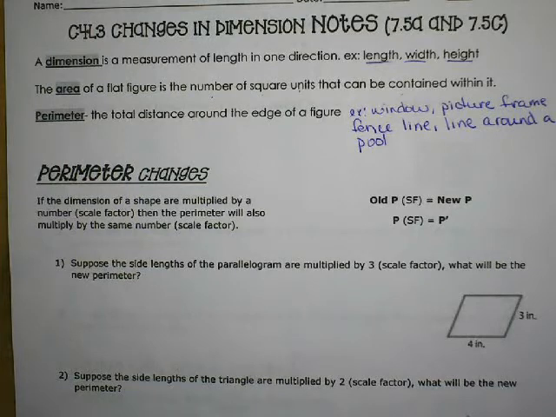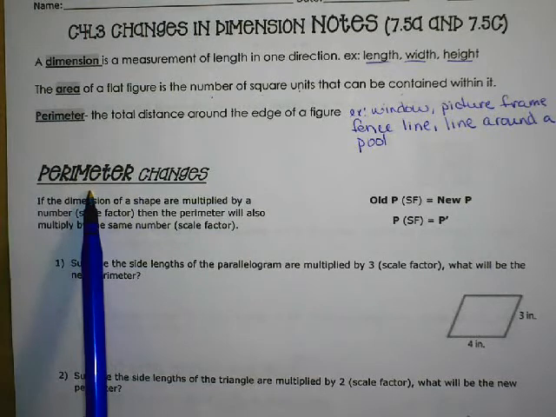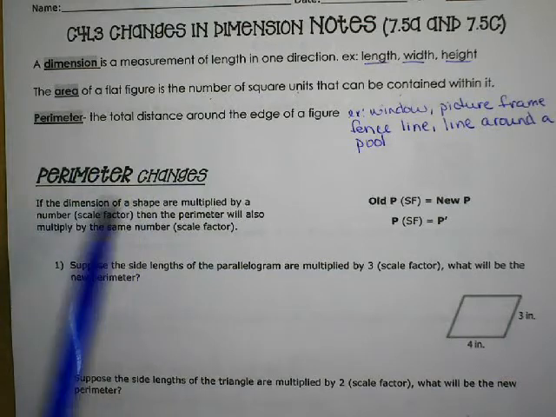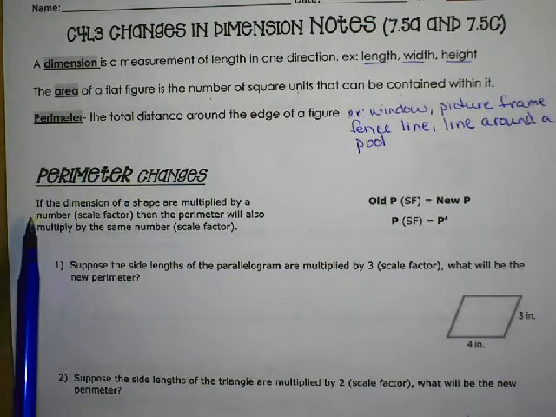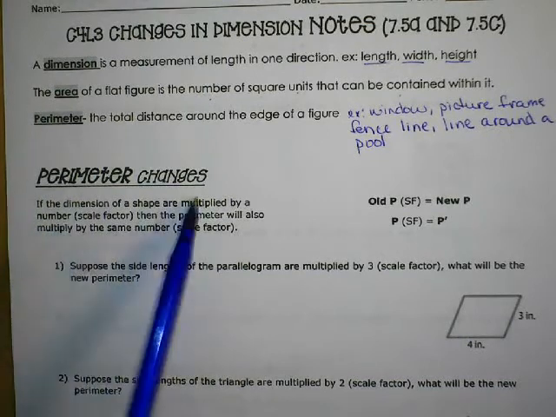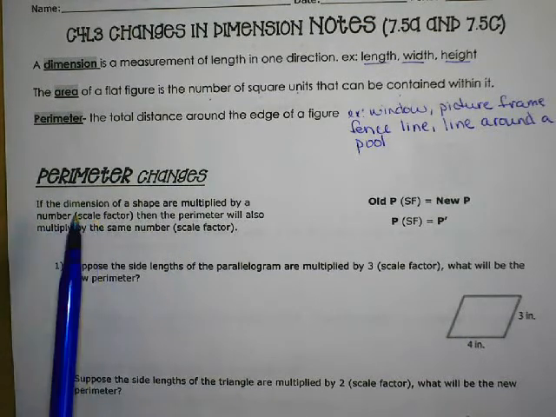When we talked about finding the changes in dimensions, we are going to be looking at the perimeter changes, area changes, and calculating the scale factor given the old and the new. For perimeter changes, if the dimensions of a shape are multiplied by a number, this number being multiplied is called the scale factor.